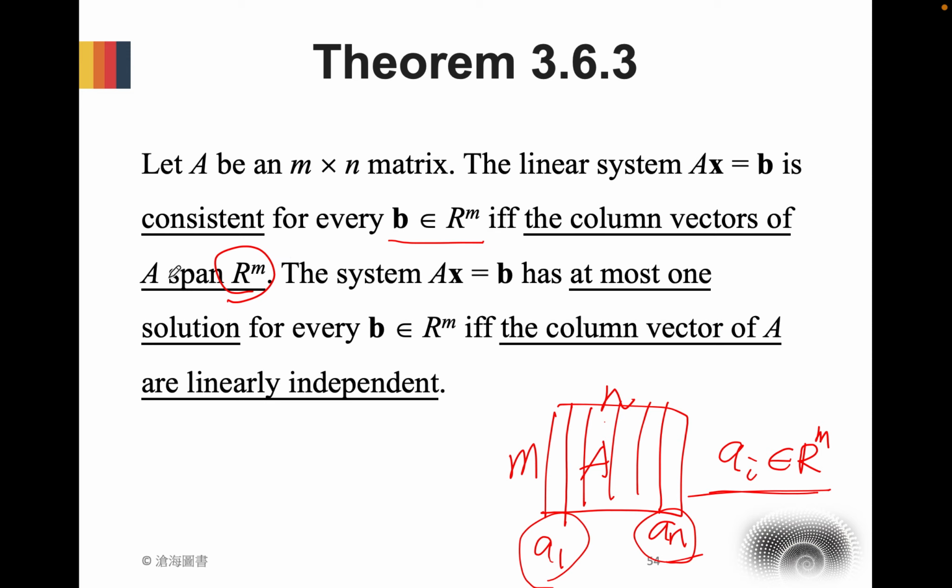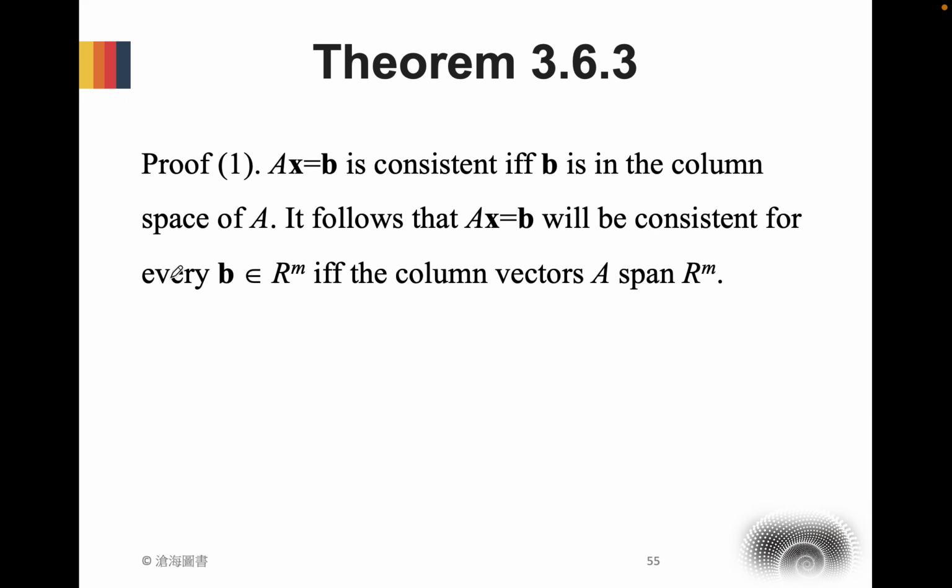Okay, we have a proof here. Ax equals b is consistent if and only if b is in the column space of A, right?